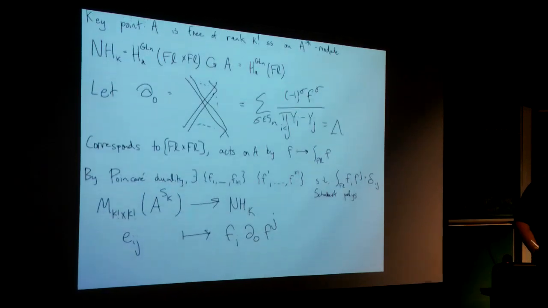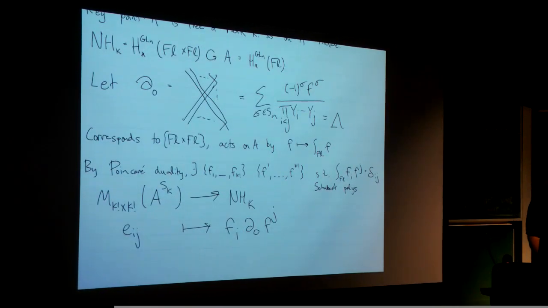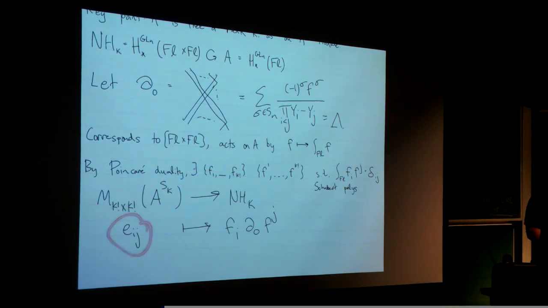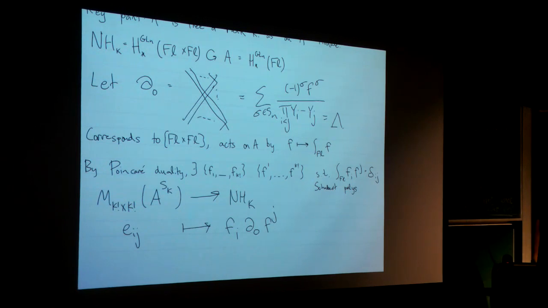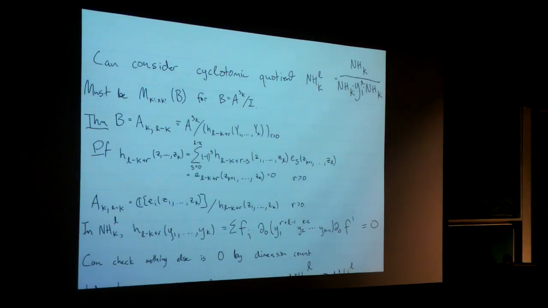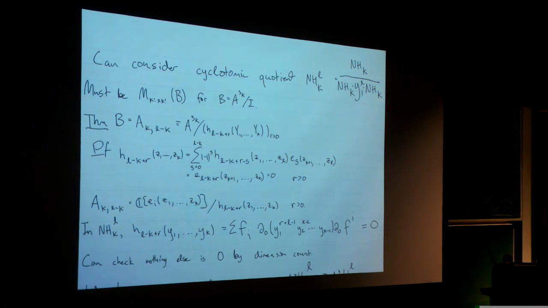And so by Poincaré duality, A has a dual basis under this pairing, and you can write down explicitly this isomorphism to the matrix algebra by sending Eij to this dual basis multiplied on the two sides of this half twist. So this is really a very explicit thing. I mean, that basis has a nice description in terms of Schubert polynomials.